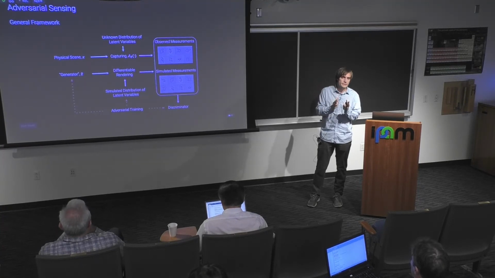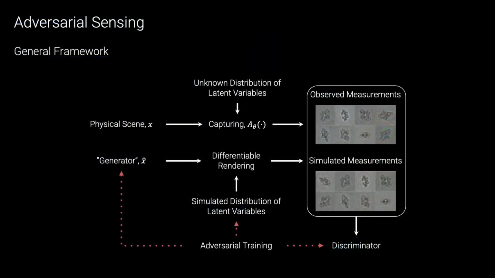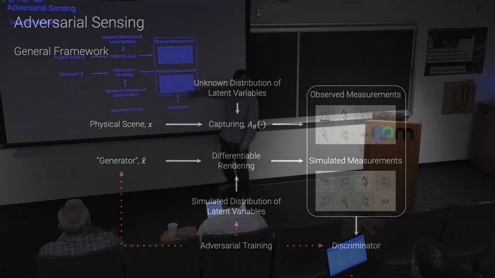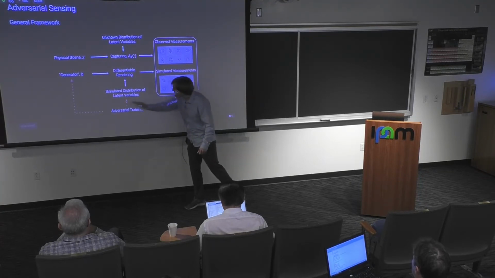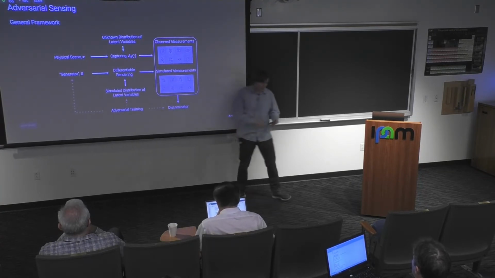It's producing a single reconstruction, and you're training it to be consistent with these observations. You take your reconstruction and pass it through a differentiable renderer, your model of A, with various simulated latent parameters, so view angles, what have you. You get a simulated sequence of measurements. Initially these look like garbage, but then you have a discriminator which compares this distribution and this distribution, and provides a feedback signal that gradually gets these two to match.